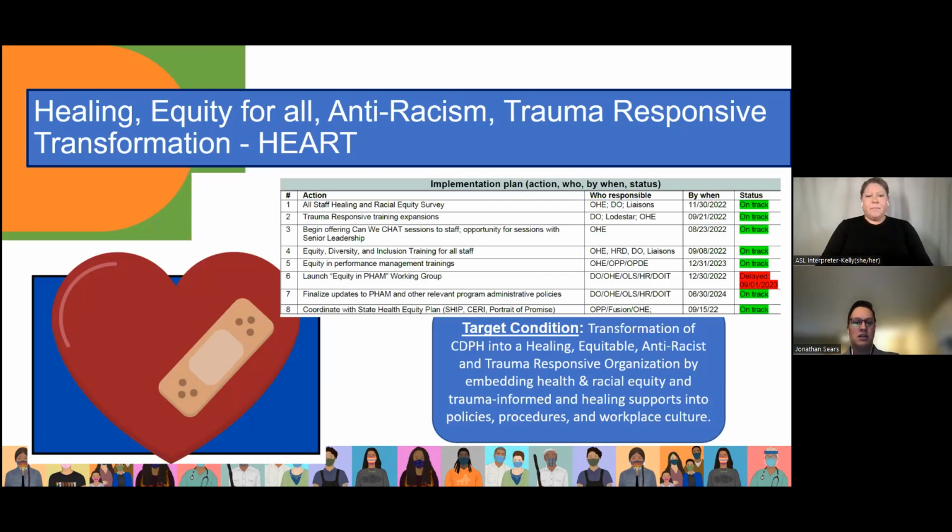So that somewhat explains this focus on healing internally and with our partners as a first step for this HEART A3 work. Next slide.